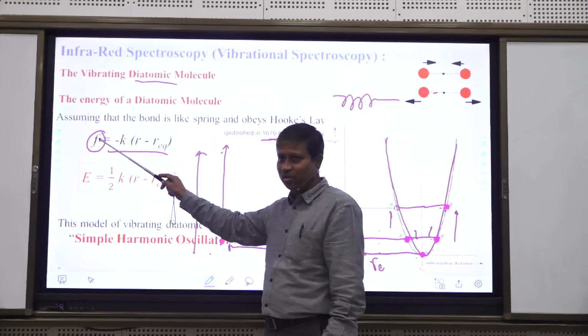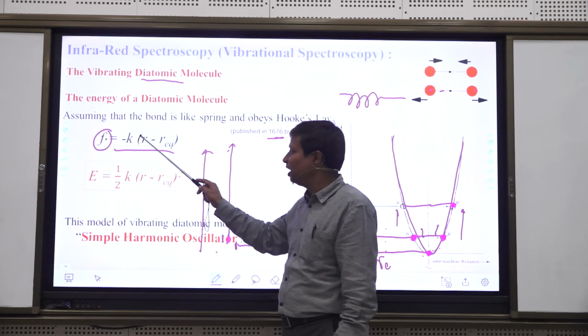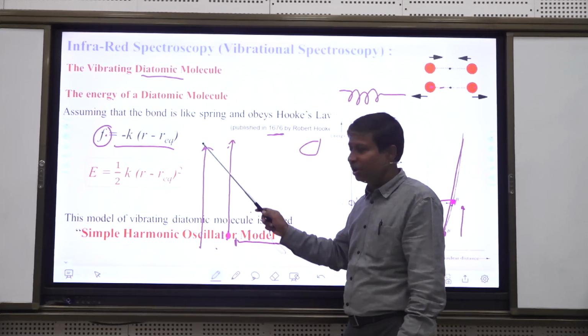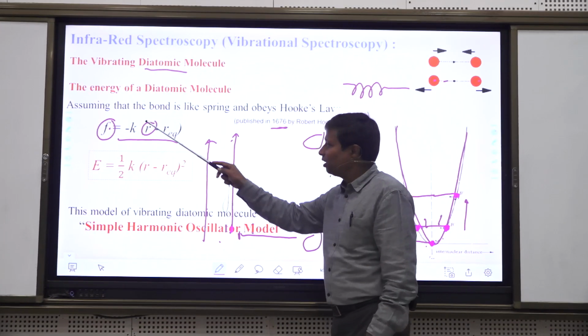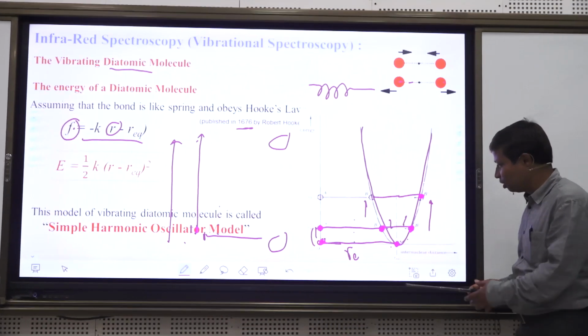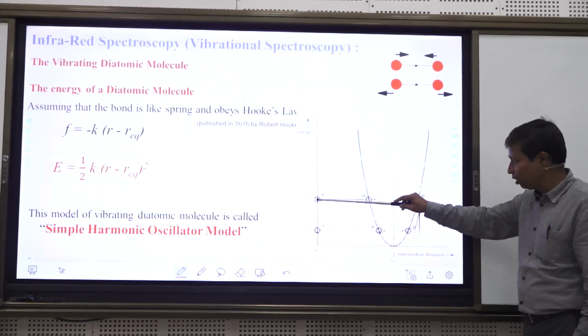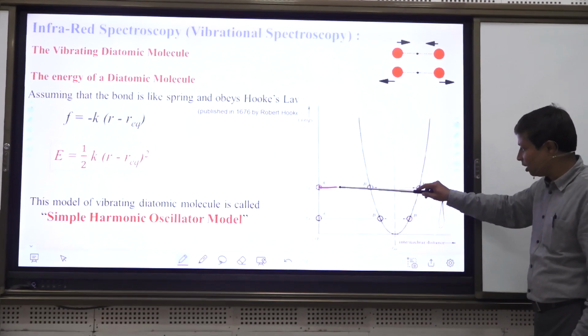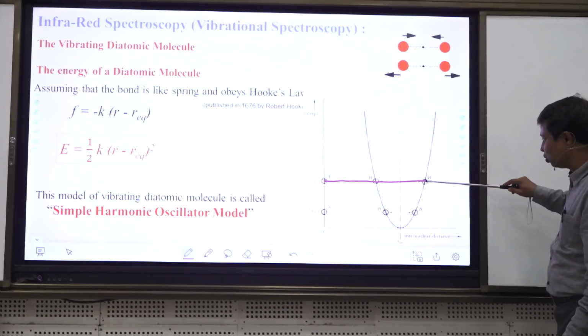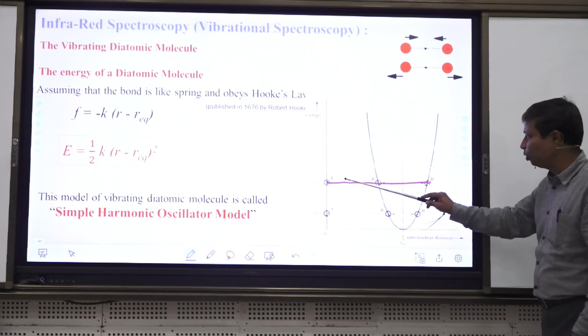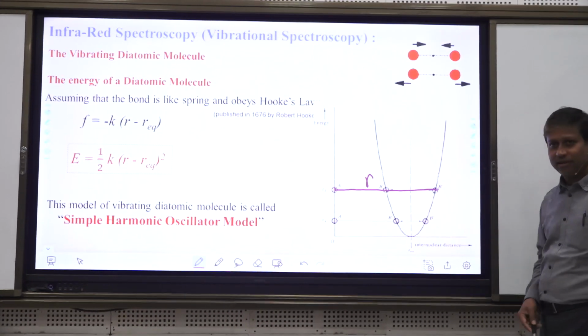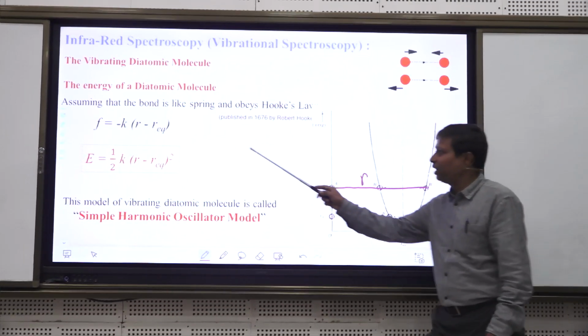The force acting on the system is minus k (R minus R equilibrium). Now if you think of a scenario where you are thinking of the stretched one, from here to here is R. And what is R equilibrium?